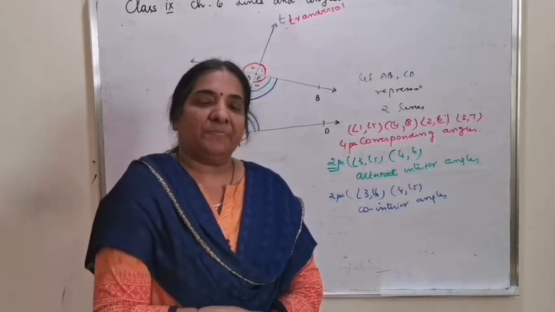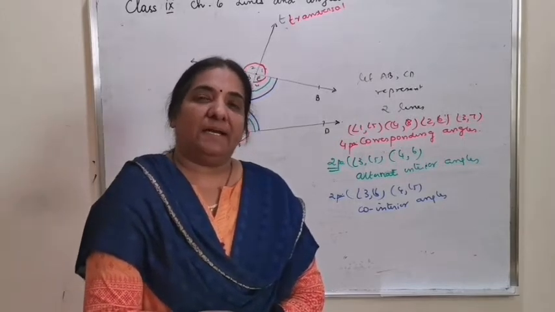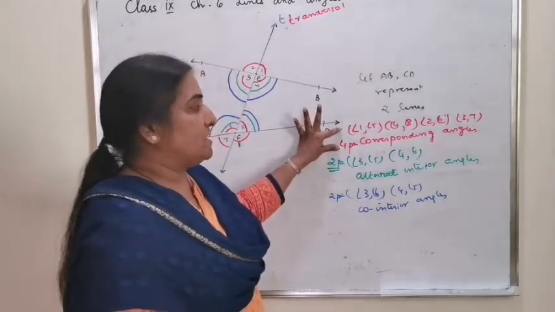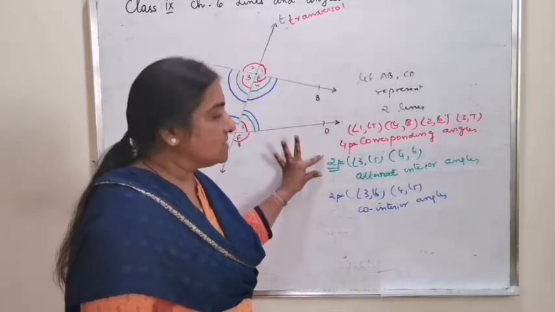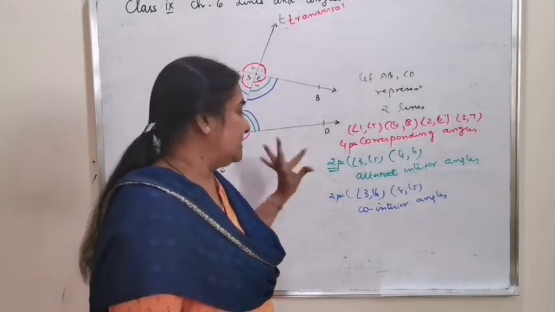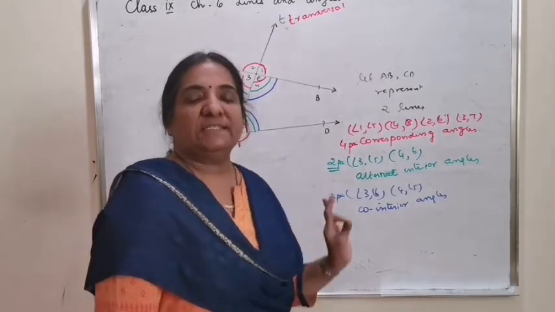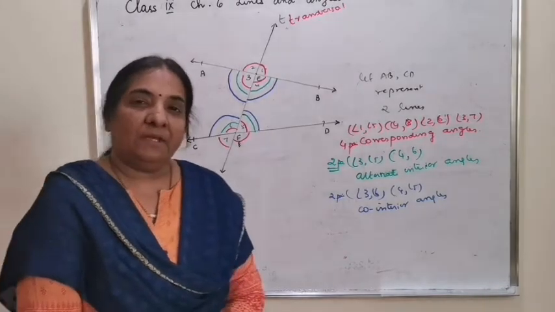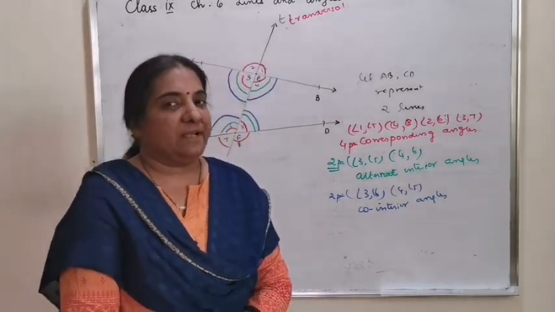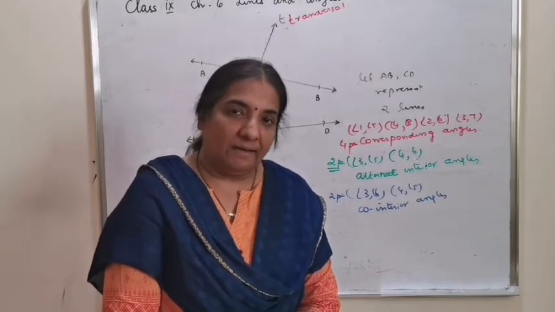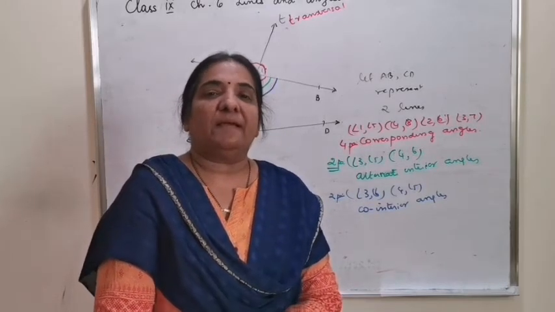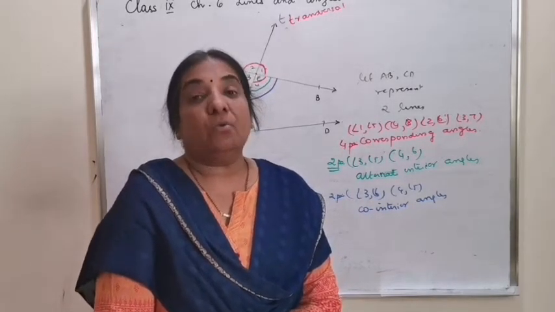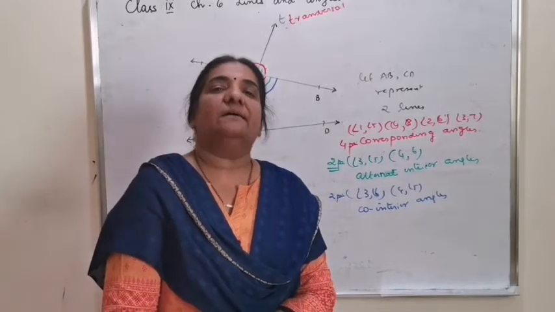Thus, in general, if two lines are cut by another line called a transversal, there are four pairs of corresponding angles, two pairs of alternate interior angles and two pairs of co-interior angles as mentioned in the figure. Now, what will happen to these pairs of angles if the lines are parallel? That is the topic under consideration of class 9. How are the angles related when the lines are parallel?